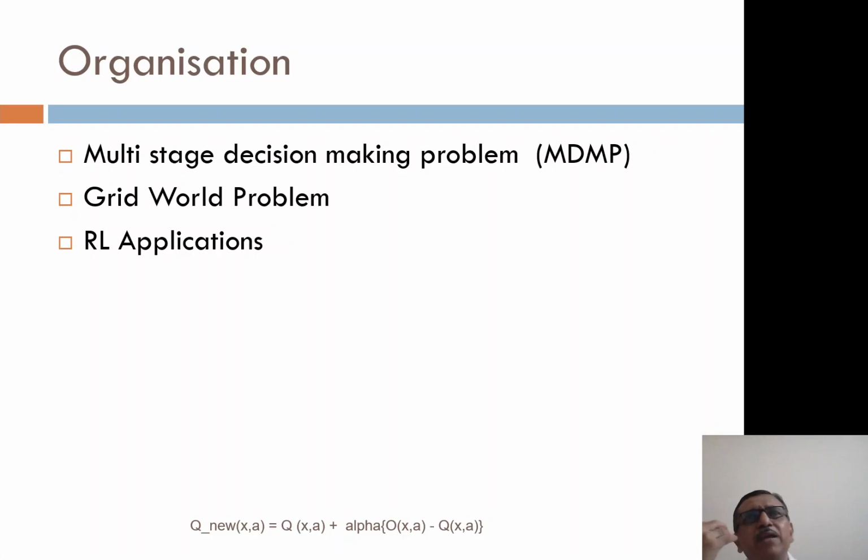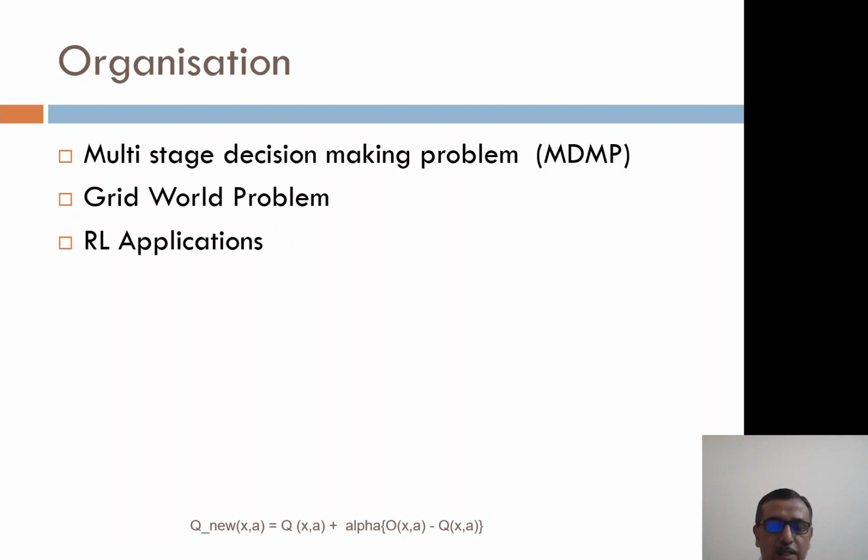And an extension of robotics is UAVs or drones. There are many fields where reinforcement learning could be applied. To the best of my understanding, RL will be a candidate tool if you have to make a sequence of decisions under uncertainty. Then RL is a very, very promising tool.